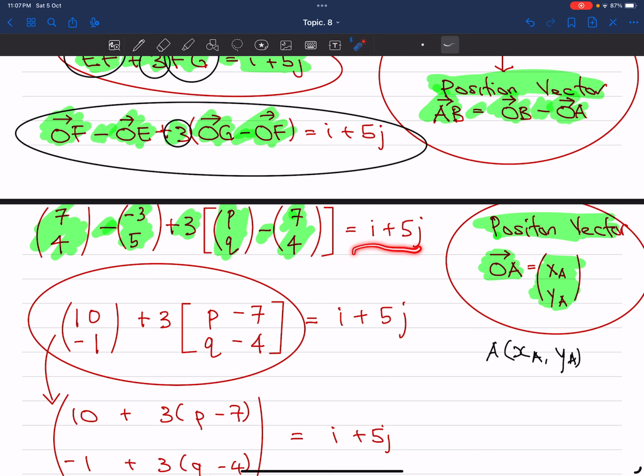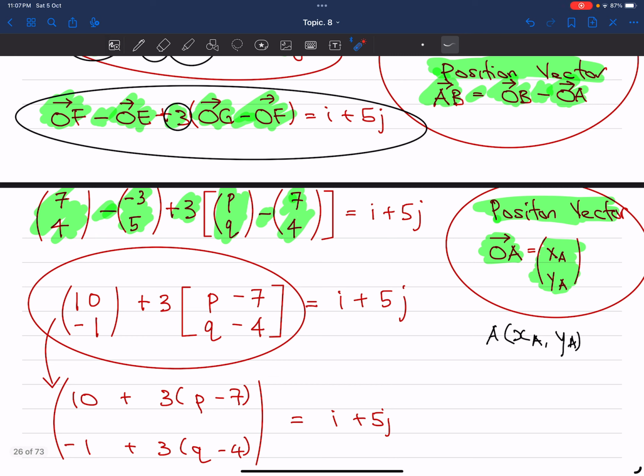Now all we have to do is work on the left hand side. 7 minus negative 3 gives us 10. 4 minus 5 gives us negative 1. The 3 I put back. Here p minus 7, and q minus 4.